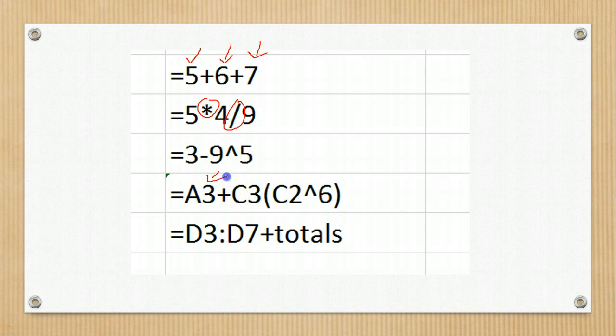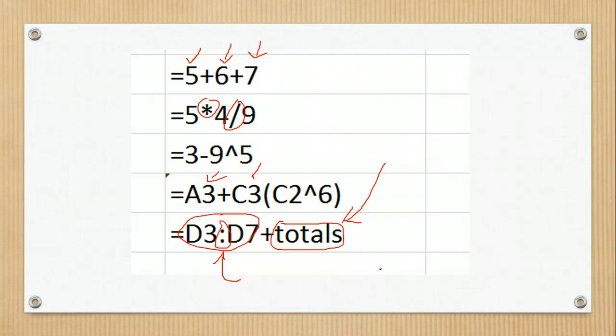You'll notice cell addresses, and you'll notice ranges. And ranges are designated by a colon. And finally, you have what looks like text, but in fact, this text is designating a variable. So each of these has a different specific function, and as we move through the examples, it'll become more apparent to you what they do.